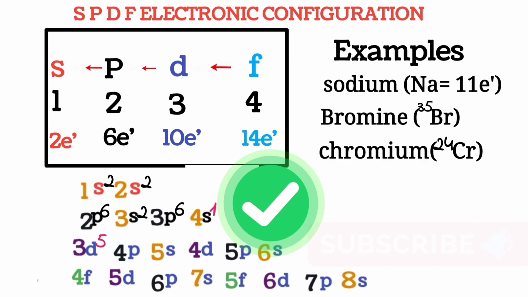Look at the 4s orbital and the 3d orbitals. You discover that they are half-filled, and half-filled subshells provide more stability to the atom than completely filled ones. Like the first case, we have 4s2, which was completely filled, and 3d4, which was not half filled either. So this configuration of 4s1 half filled and 3d5 half filled provides more stability to the atom.